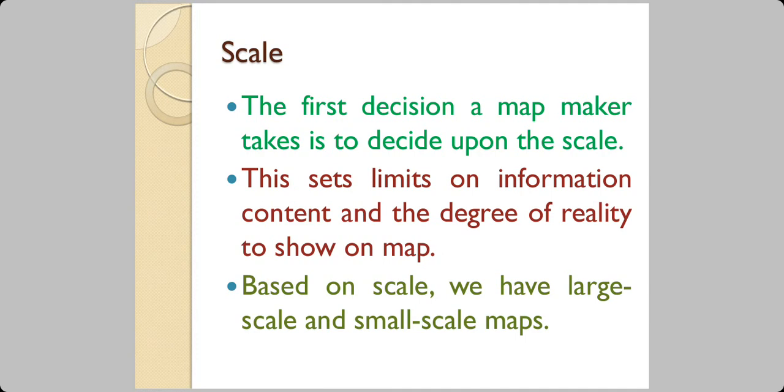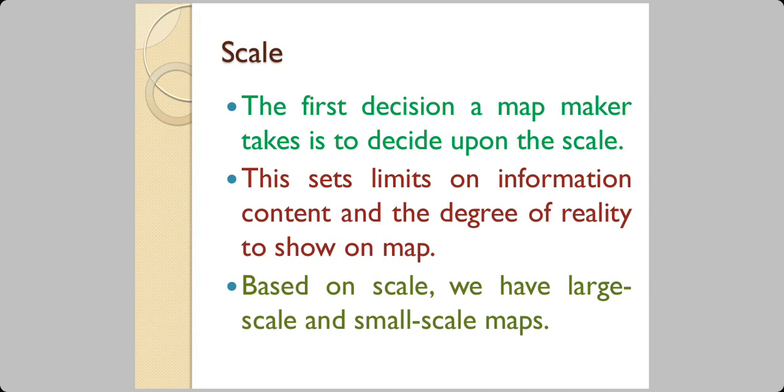The other half is the size of land you want to show on that piece of paper or plastic sheet. So you have to divide one by the other. If you have to show 1 kilometer of land as 1 centimeter on the map, then you have to divide that. Now these kilometers you have to convert into centimeters, and then convert into the ratio, and that is the scale of the map.